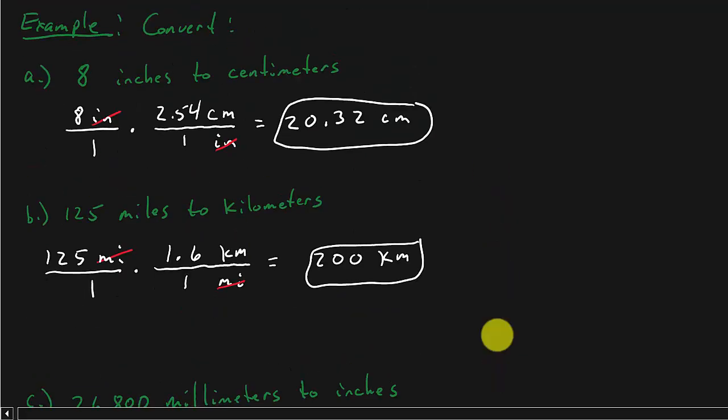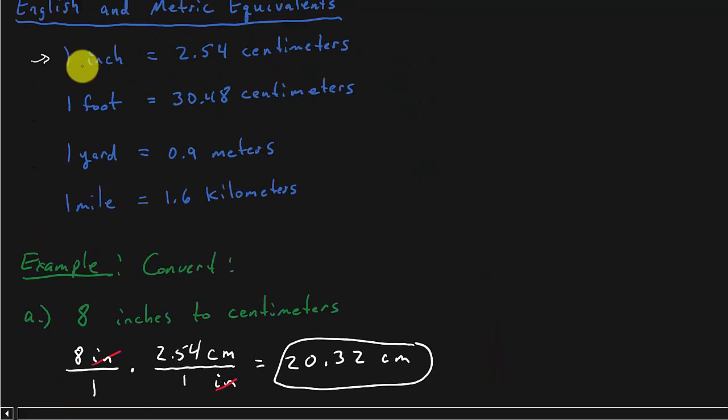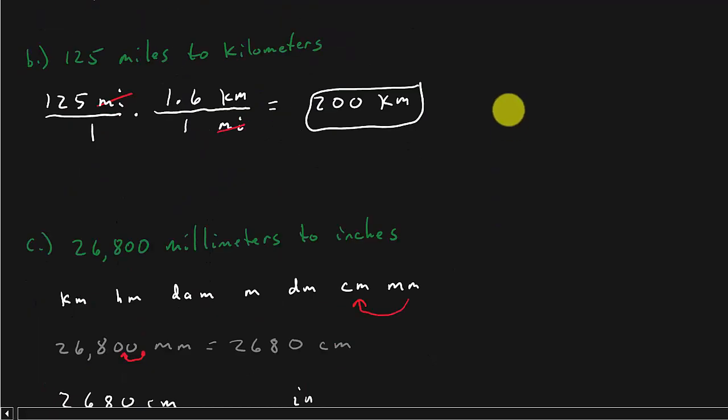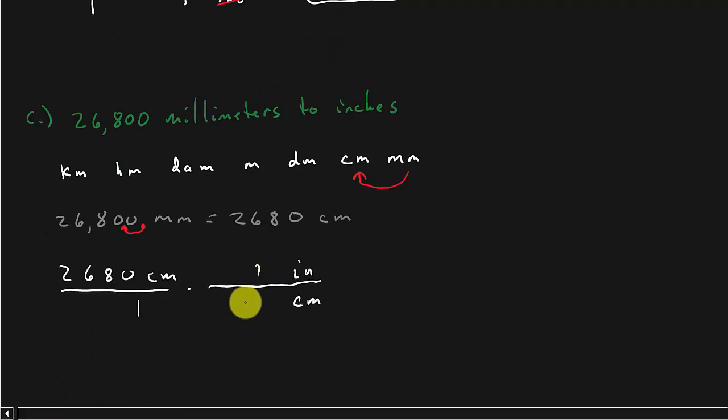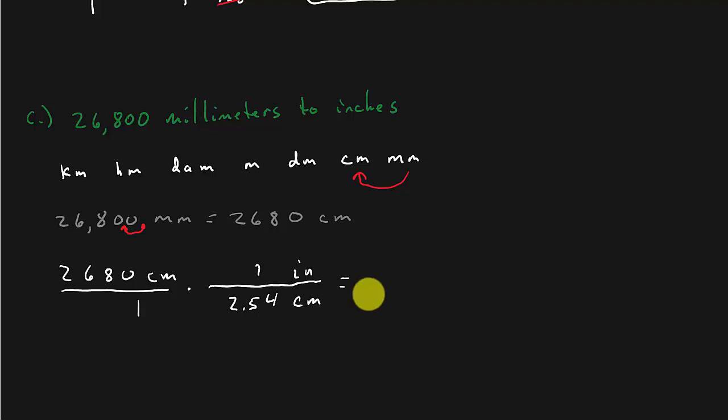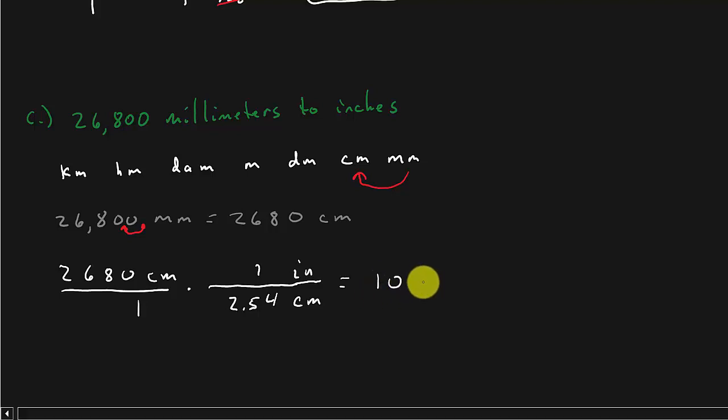And so remember, 1 inch is equal to 2.54 centimeters. Then if you plug that into your calculator, you're going to get about 1,055 inches.